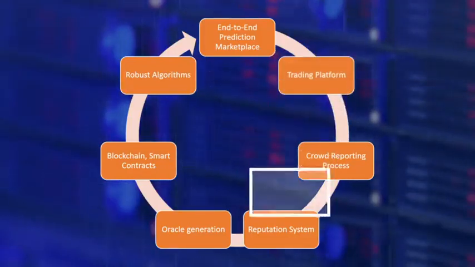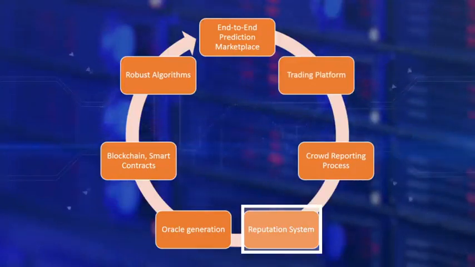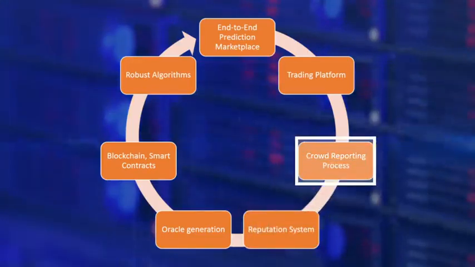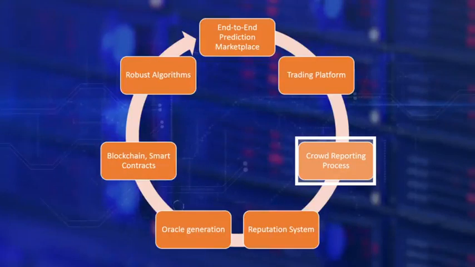The next idea is reputation system. Augur provides a platform for decentralized participants to speculate on an event outcome based on their belief. Then the crowd reporting process. Augur features an incentivized model for materializing the wisdom of the crowd using its own token, REP or reputation token.